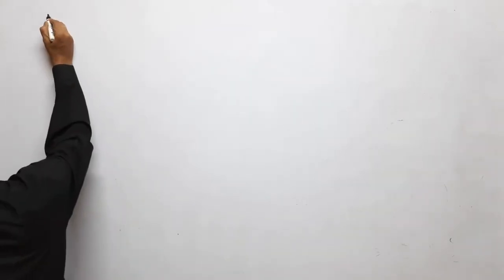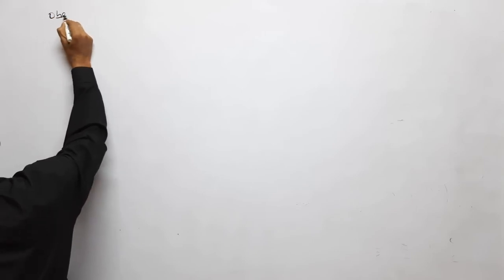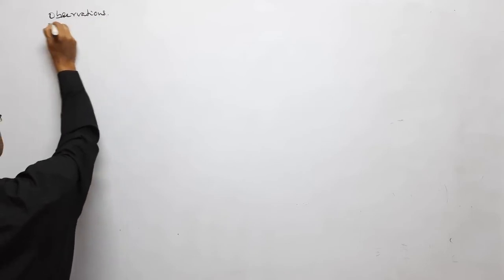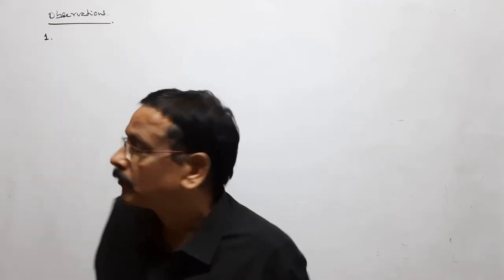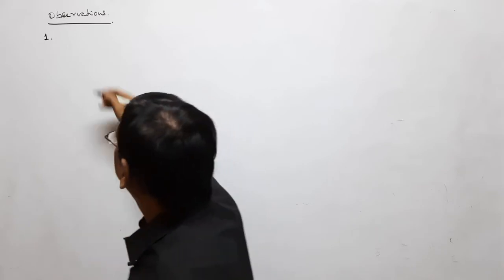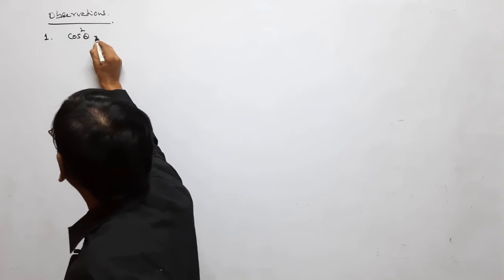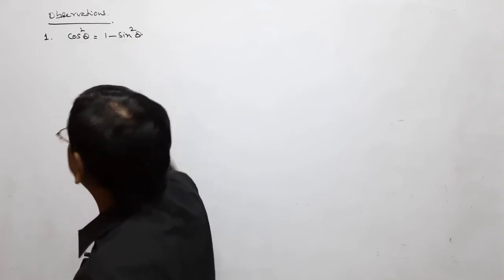Now I have some observations. The first observation: how I can write down cos square theta. Cos square theta is 1 minus sin square theta.